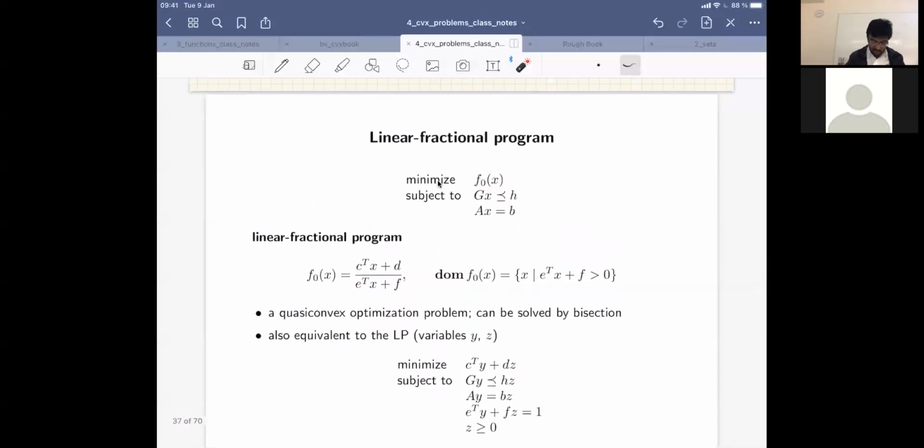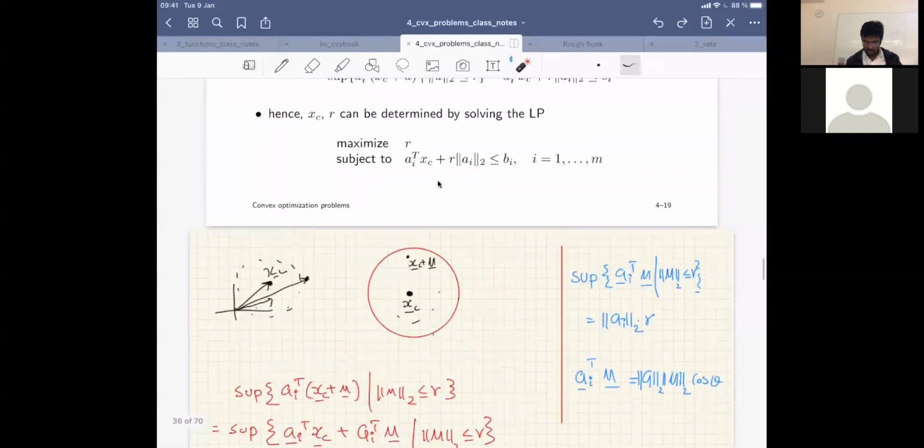We already saw that this is a quasi-convex function. This we already saw in the class. So you can consider the sublevel set of this and find what the sublevel set is. I think this is both quasi-convex and quasi-linear. Let me just check. Yes.